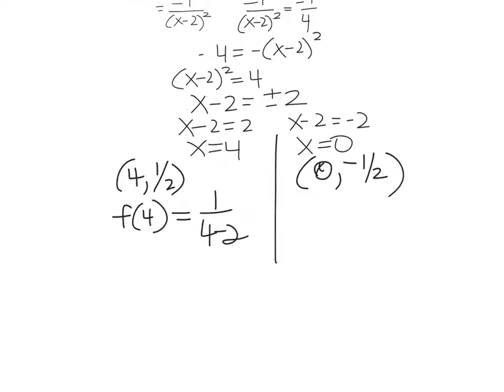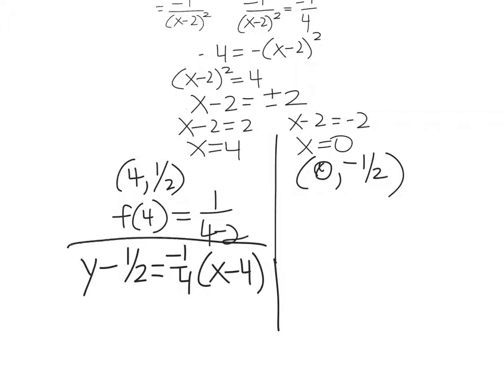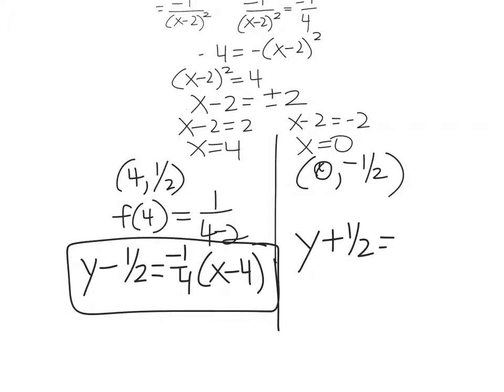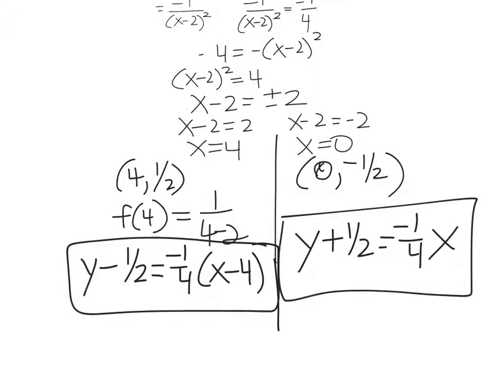Okay, so let's find the tangents for each of these. Our slope's the same, the point's different. So y minus 1/2 equals -1/4 times x minus 4. And this one would be y plus 1/2 equals -1/4 times x. You can leave them in point slope form.